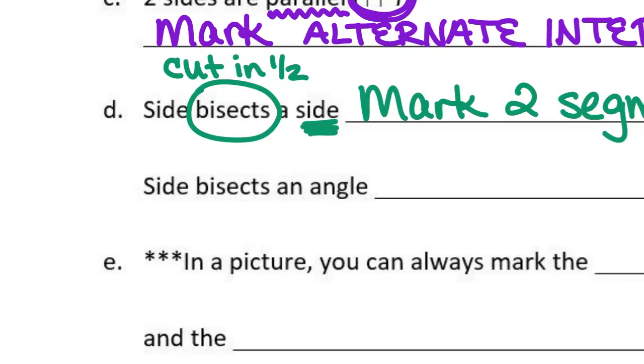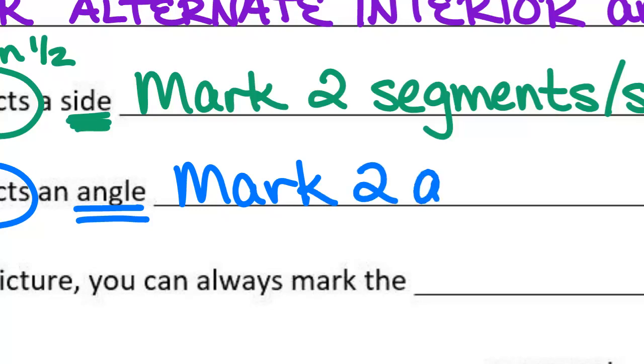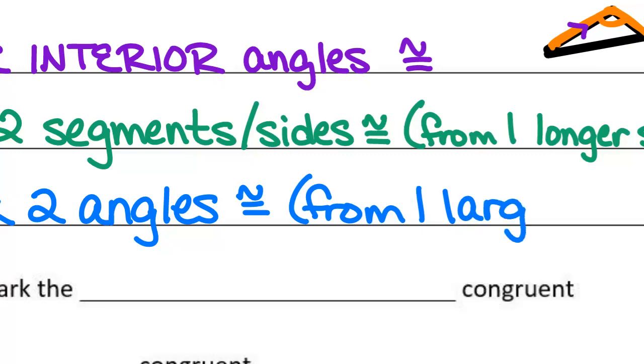If I am told that a side bisects an angle, I'm going to mark two angles congruent, from one larger angle.